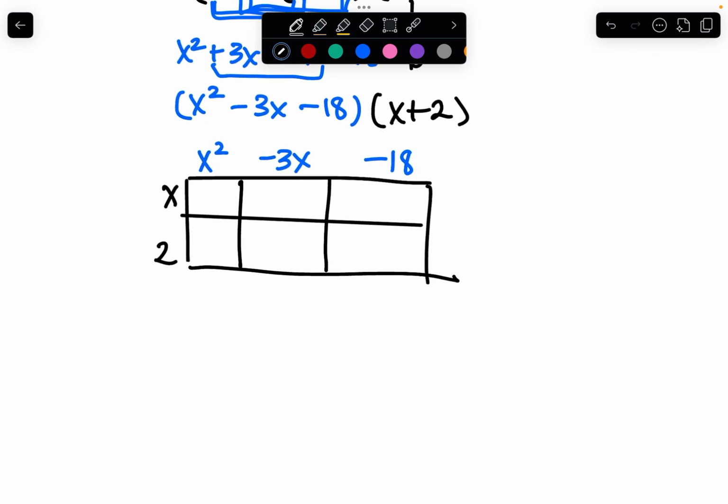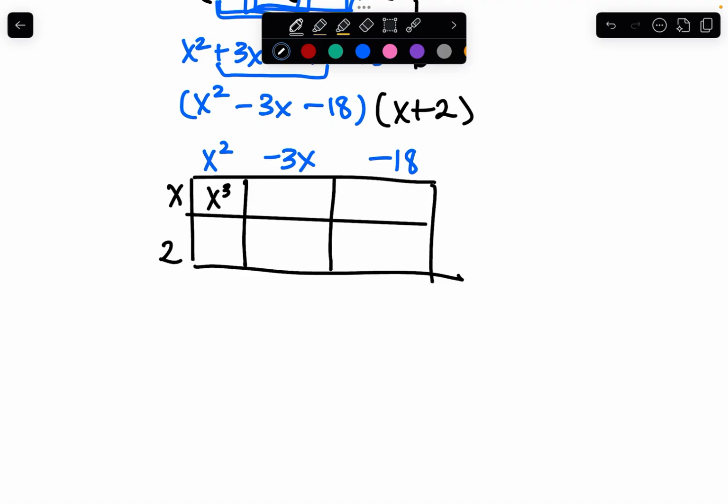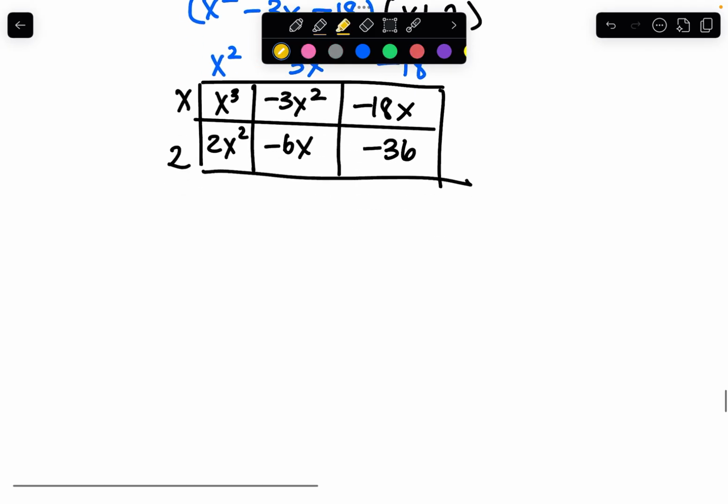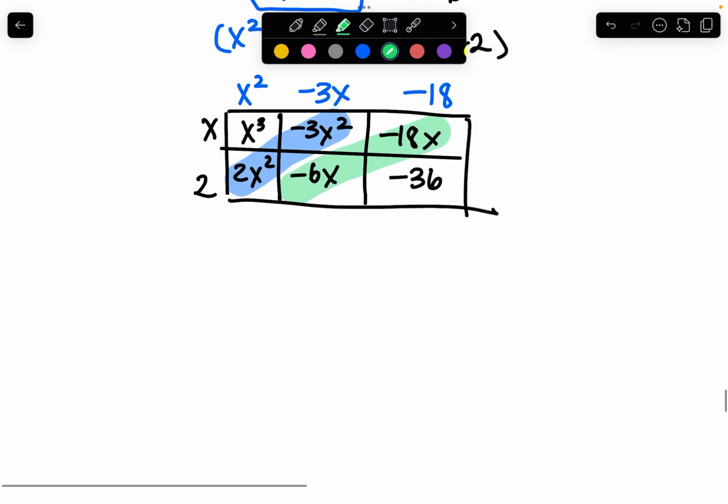Okay, multiply coefficients, add exponents. That would give me x cubed minus 3x squared minus 18x, 2x squared minus 6x minus 36. Combining our like terms, we can combine 2 and -3 for the x squareds and -6 and -18 for the x.